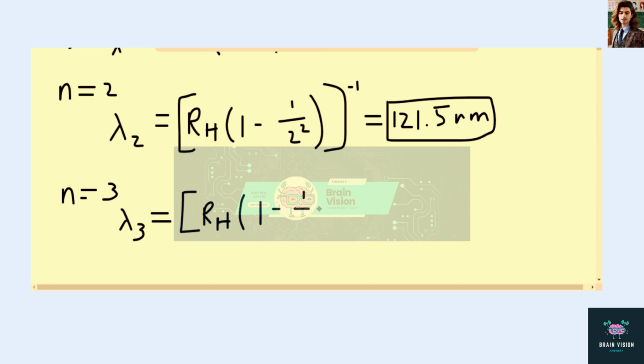You could write it as 1 over 9, or as 1 over 3 squared. I'm going to write it as 1 over 9, and then all this gets raised to the -1, of course. Carrying out this calculation, we find that this wavelength is equal to 102.5 times 10 to the -9 meters, or 102.5 nanometers.